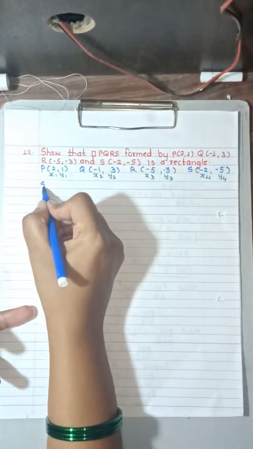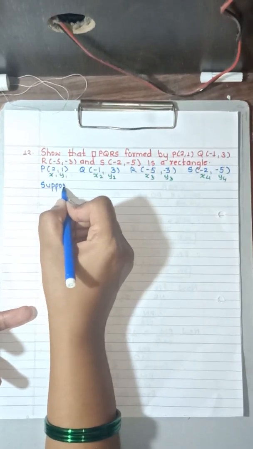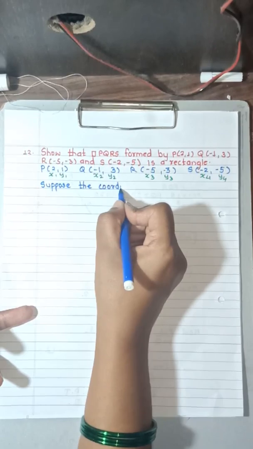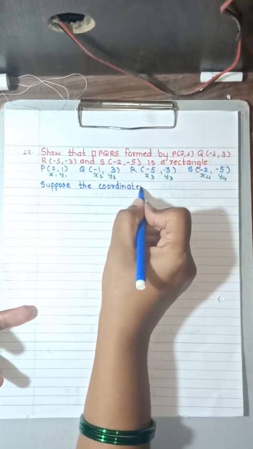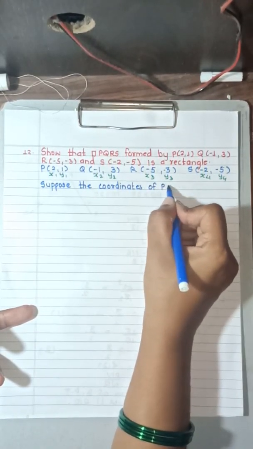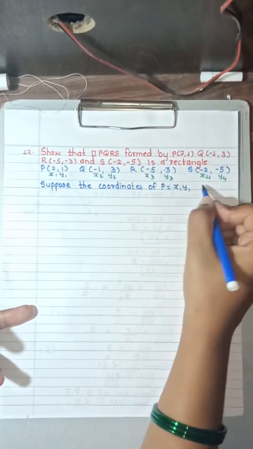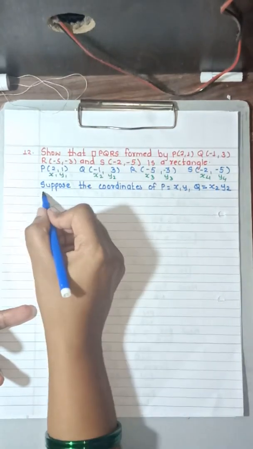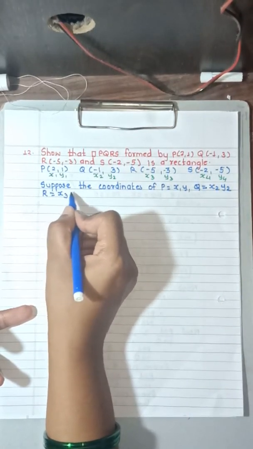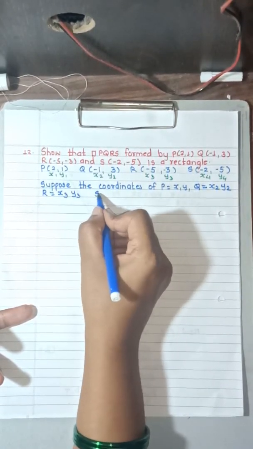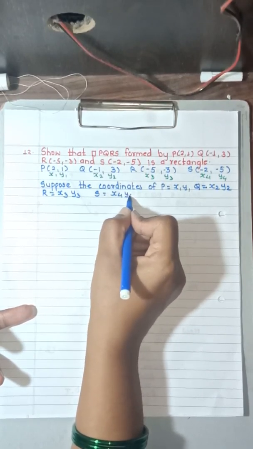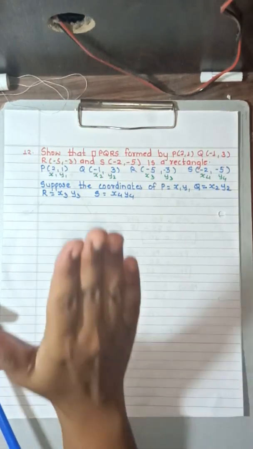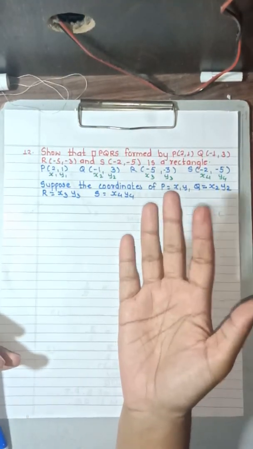Suppose the coordinates of P is equal to x1 y1, Q is equal to x2 y2, R is equal to x3 y3, and S is equal to x4 y4. Now similarly as we did in question number 11, we are just going to use the formula of slope of a line.